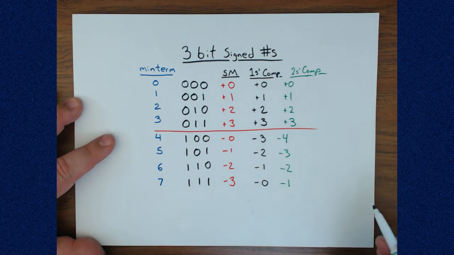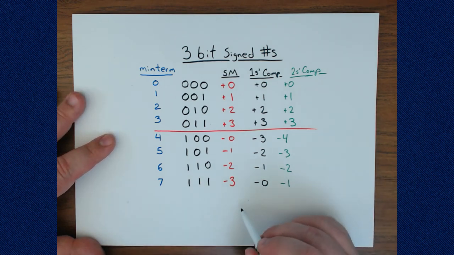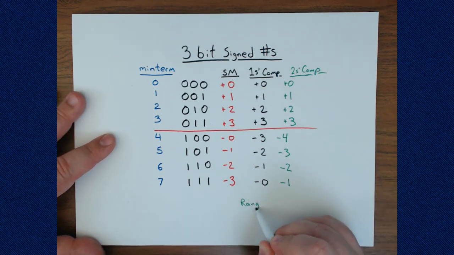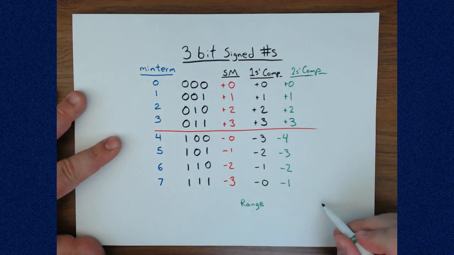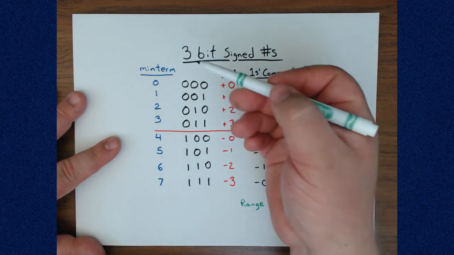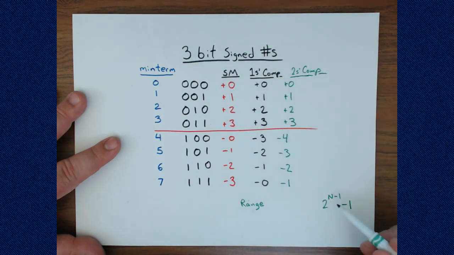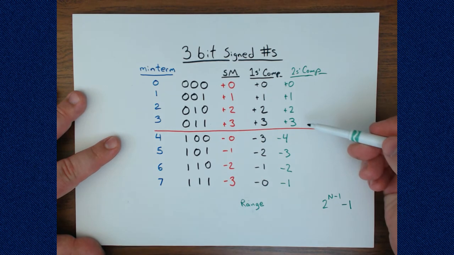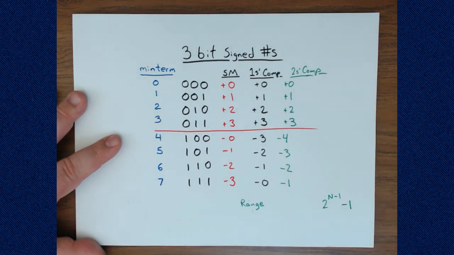The positive range remains the same. So if we were looking at the range of these numbers, we know that the positive end is the same. So it's 2 to the n minus 1 for n bits, minus 1. So in the case of 3 bits, this is 2 squared, which is 4, minus 1 is 3, positive 3. That's the top end of our range.